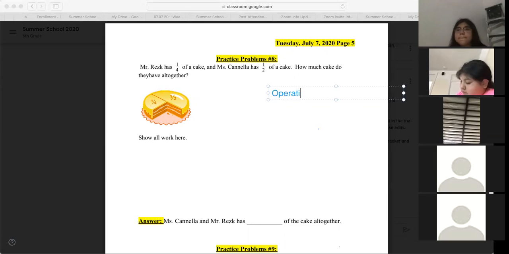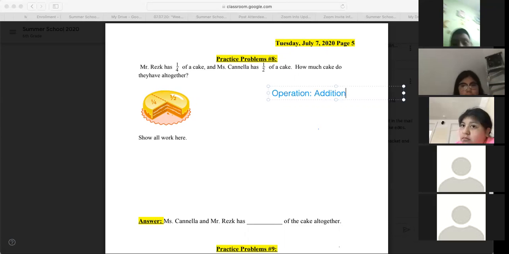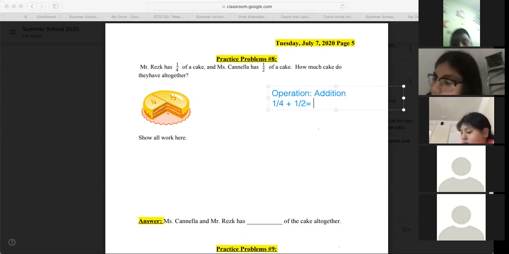So first of all, Lorenzo, before we do anything, and the rest of you, when we see the words all together, what operation is that? Addition or subtraction? Addition. So technically I have to add 1/4 plus 1/2 to equal some fraction. Now, I notice that the denominators are different.